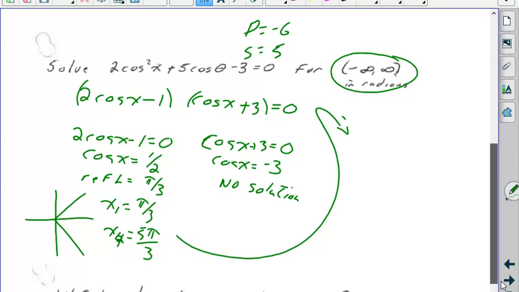We just did our solving between 0 and 2 pi. We went from negative infinity to infinity, so x is pi over 3 plus 2 pi m, and 5 pi over 3 plus 2 pi m.